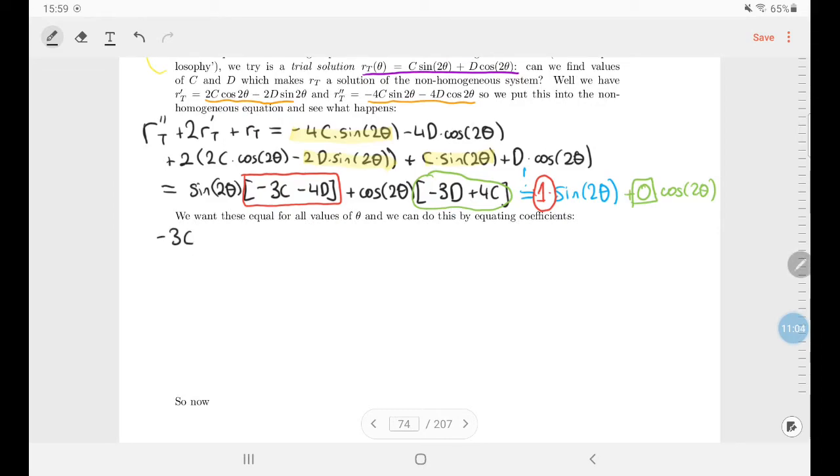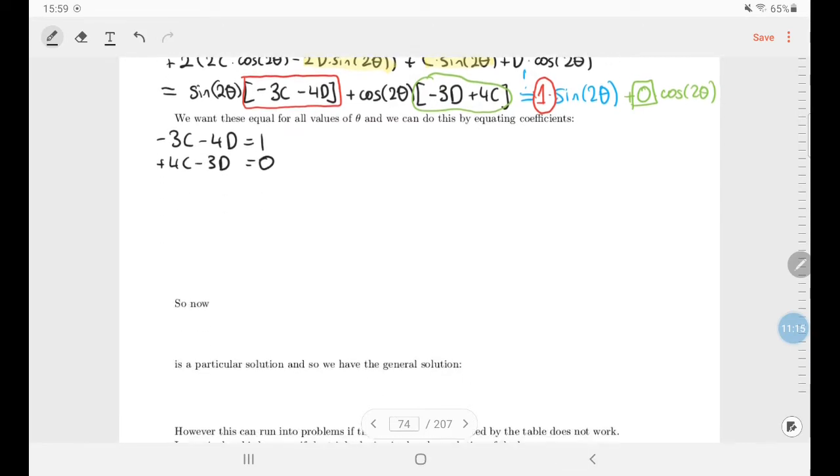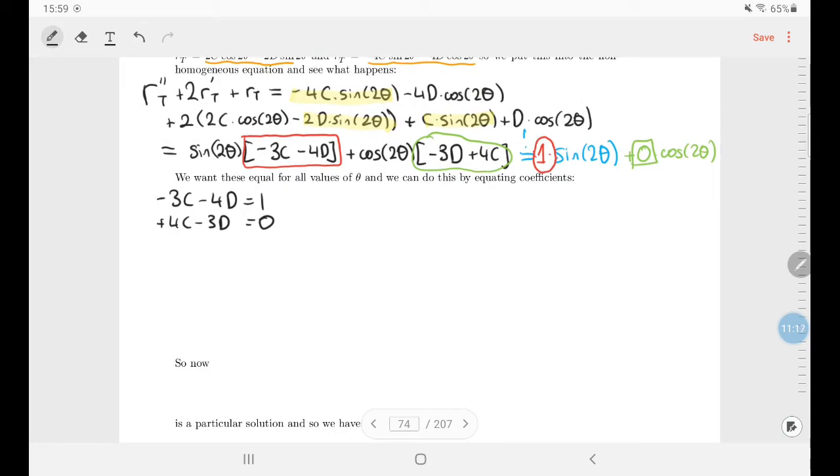Minus 3c minus 4d to be equal to 1, and plus 4c minus 3d equal to 0. You can solve these however you want. Maybe we'll multiply the first one by 4 and the second one by 3 for argument's sake.